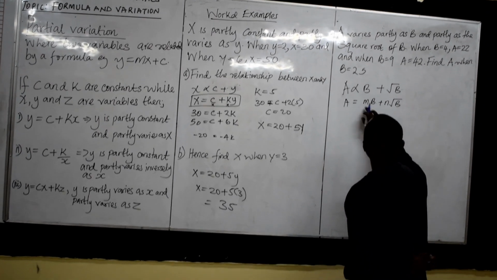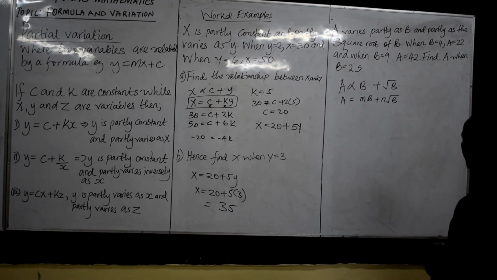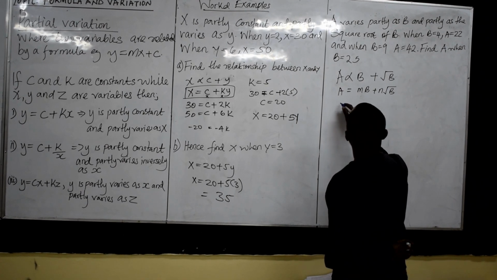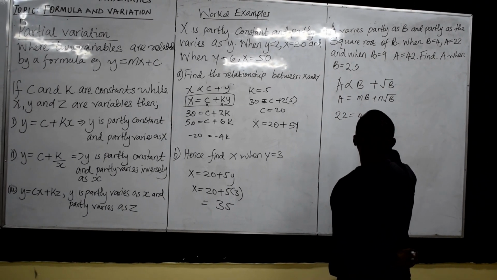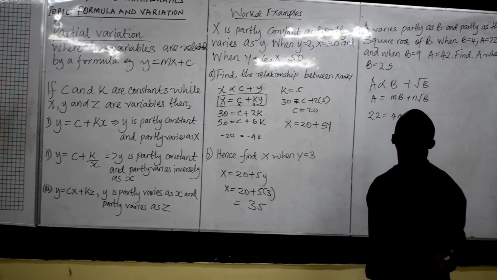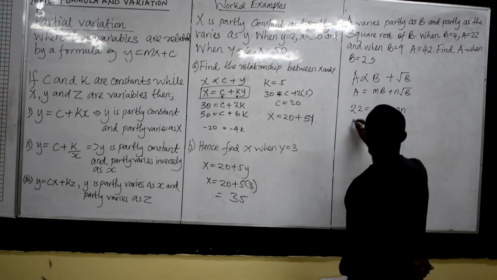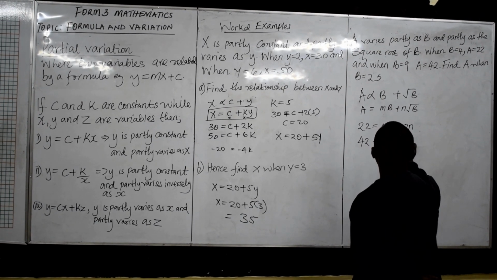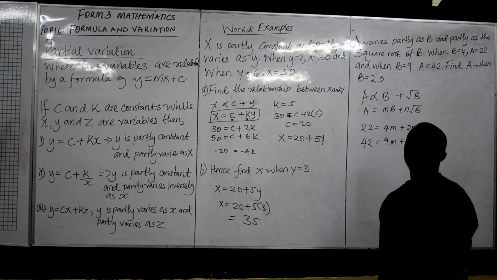We introduce two constants, then work out the equation. So when b is 4, a is 22, we'll have 22 is equal to 4m plus the root of 4, which is 2n, and when b is 9, a is 42, so 42 is equal to 9m plus 3n, the root of 9 is 3.